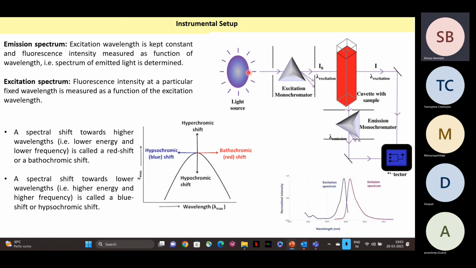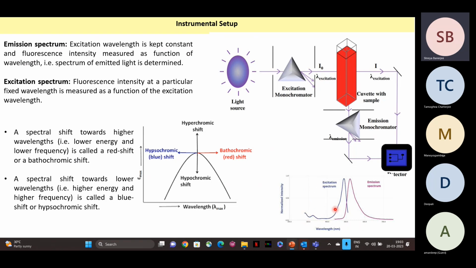So the instrumental setup of fluorescence is similar to that of the spectrophotometers that we had observed, but the spectrum can be of two different types. One is the emission spectrum, in which the excitation wavelength is kept constant and fluorescent intensity is measured as a function of wavelength.